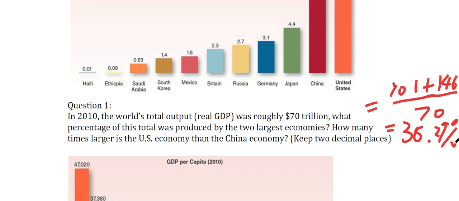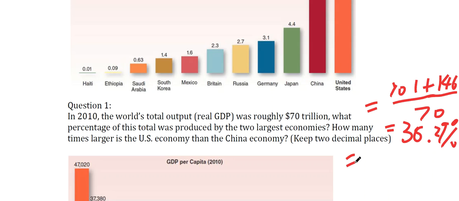The second part: how many times larger is the US economy than the China economy? To answer this question, we only need to find the ratio of US GDP to China's GDP. Then we will know how many times larger the US economy is than China.